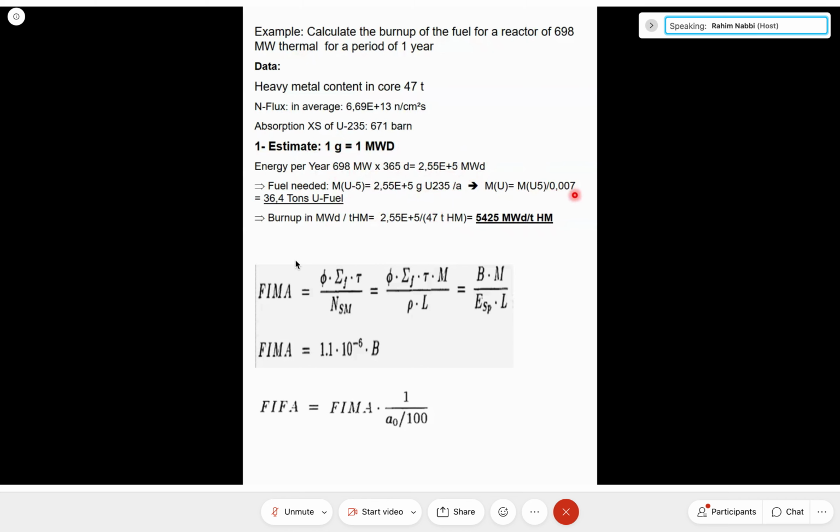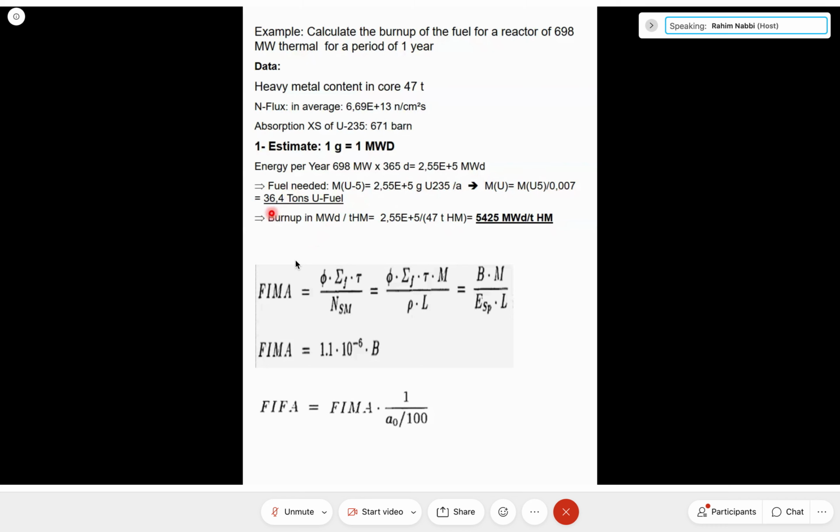That means if you divide this number, the total amount of uranium-235 needed for 1 year operation, by the enrichment, we get the amount of uranium as heavy metal needed for 1 year.